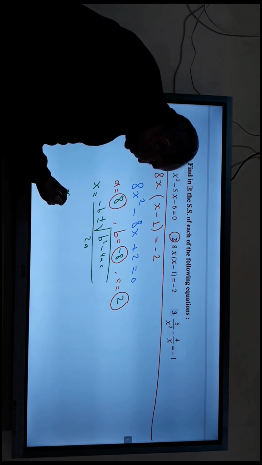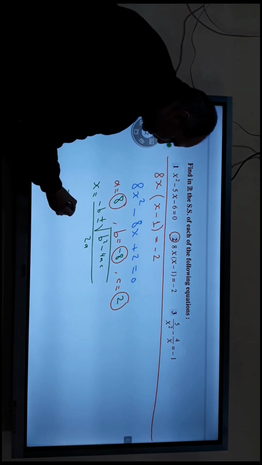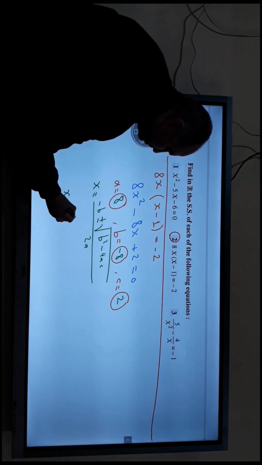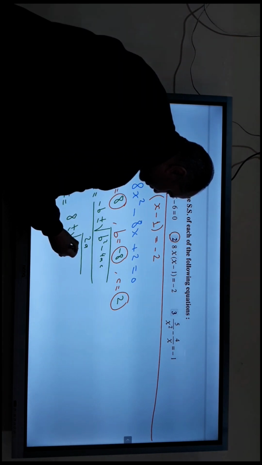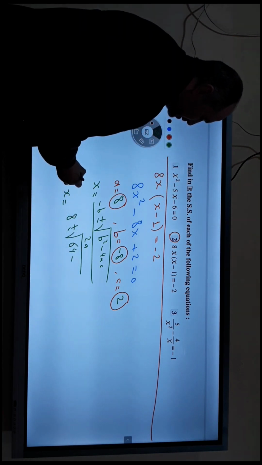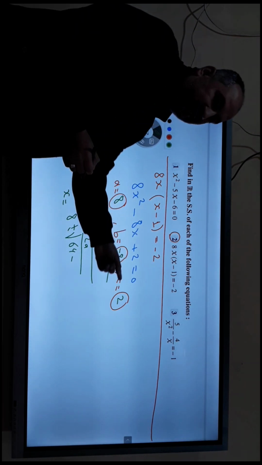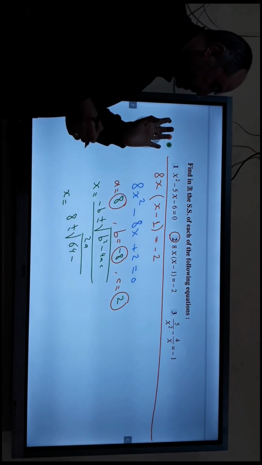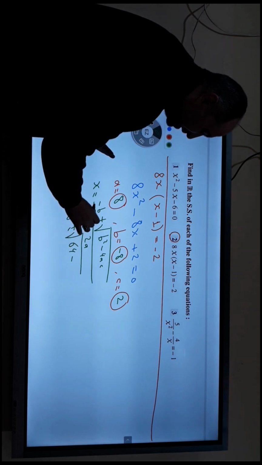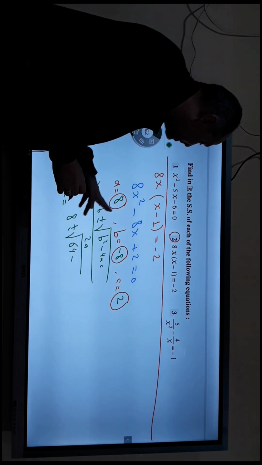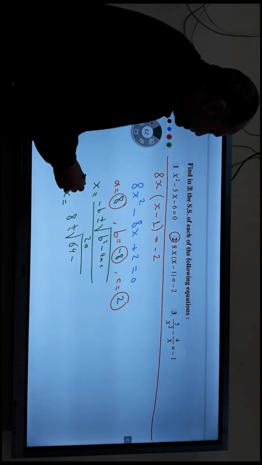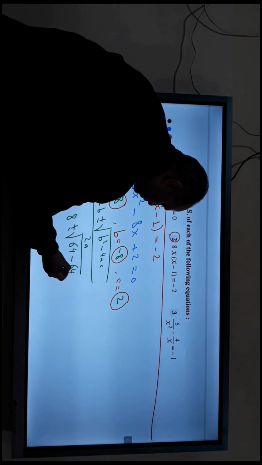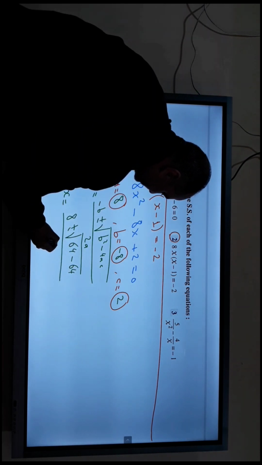Then x is equal to negative b, which is positive 8, positive or negative square root of 64 minus, now a and c have the same signs, so this negative stays as it is, 8 times 2 is equal to 16 times 4 is equal to 64, over 2 times 8 equals 16.